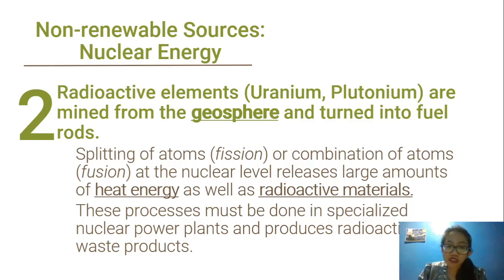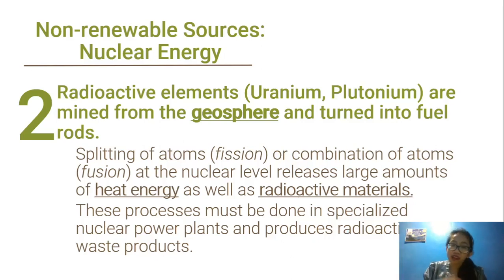These radioactive materials or elements are mined from the geosphere, and then we use them in our nuclear power plants. Whenever we split atoms, it produces large amounts of energy in the form of heat, as well as, of course, radioactive materials.